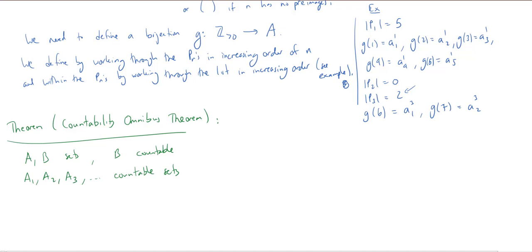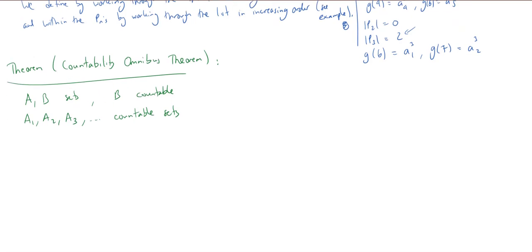Okay. And actually, let's make an even bigger assumption. Let's say that A is a subset of B. Okay. So our first statement is that, well, we know B is countable and A is a subset. And so the claim is that A is finite or A is countable.